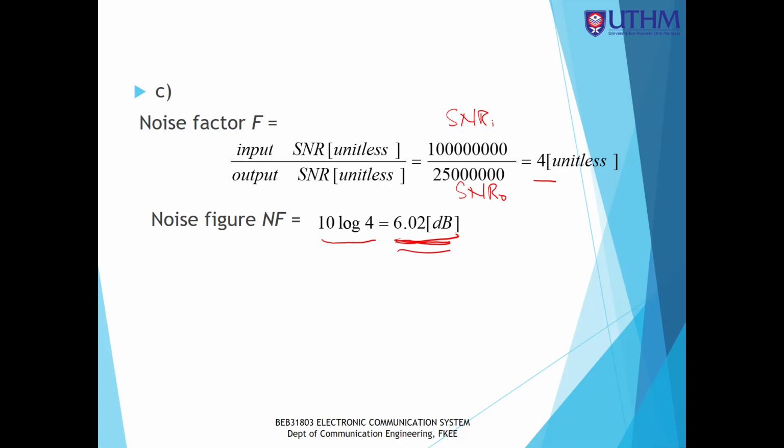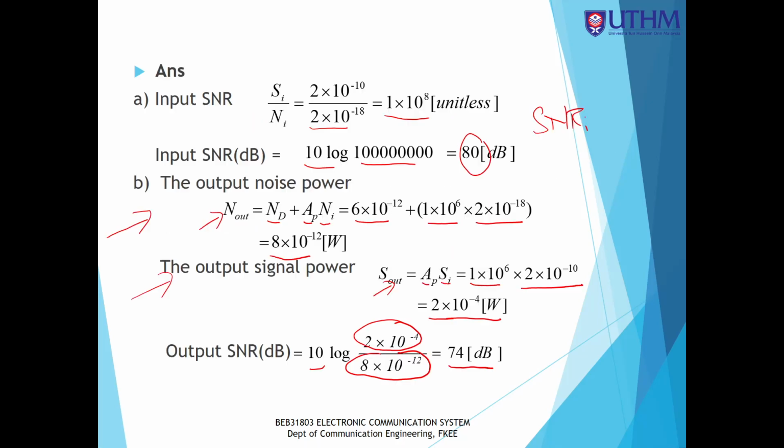Doktor, yang 25 ni, dia kat mana? Saya tak berapa faham. Okay, 25 is actually from here. The output SNR is 74. If you convert, saya cuba sekejap. Boleh tak doktor tunjuk yang 74 ni convert to SNR tu? Sekejap.